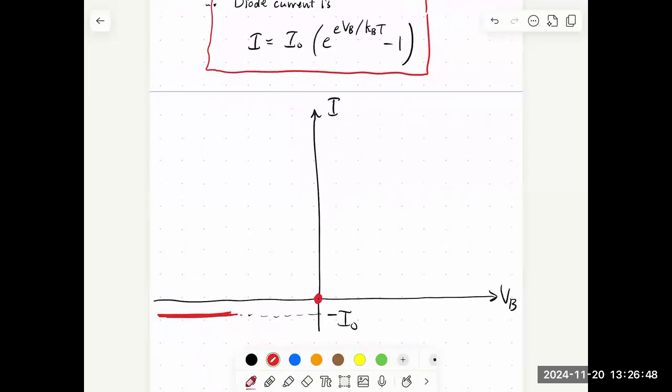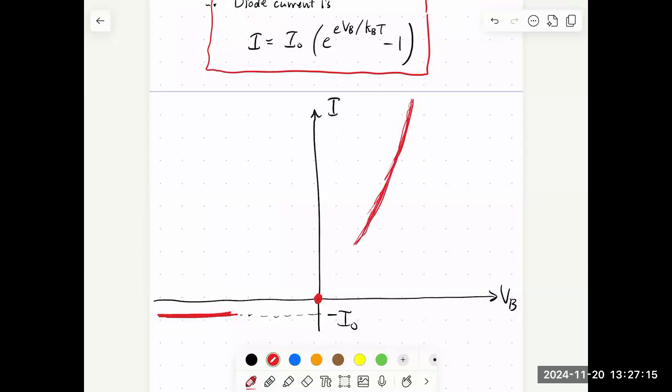And then if I put in a large positive voltage for the battery, then I'm going to get e to a large number, exponential scroll really quickly. So I can just forget about the minus 1, and we just would have some exponentially increasing current. And so we can draw that. That's going to look something like this.